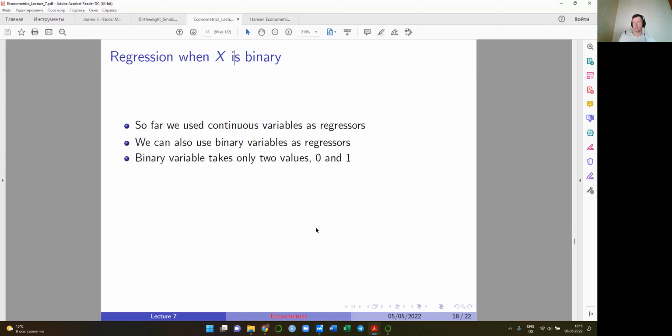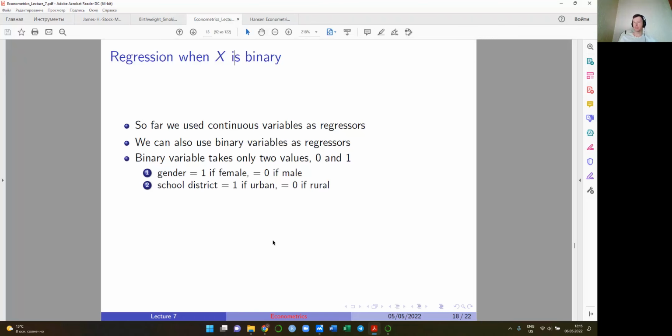You are familiar with these variables from our statistics courses, because there we used them to group the whole sample into two parts, like, for example, by gender, females and males. Or we also used the location, like urban or rural region.